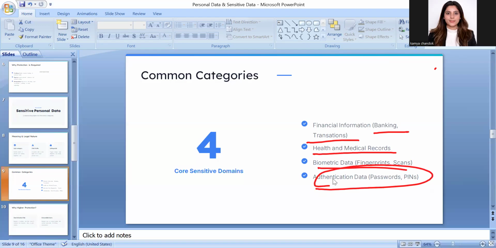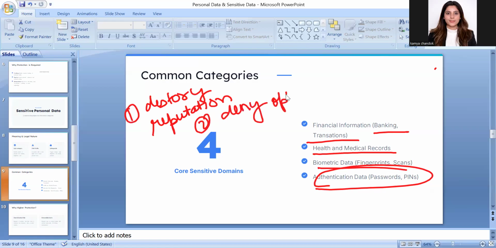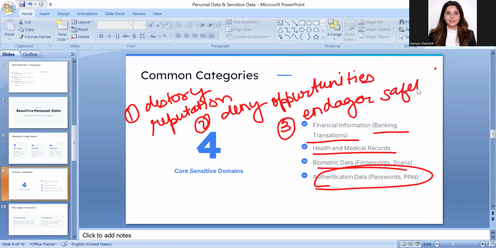These categories exist because misuse here can destroy reputation, deny opportunities, and most importantly endanger safety. If your sensitive data is misused, it can cause all these repercussions.